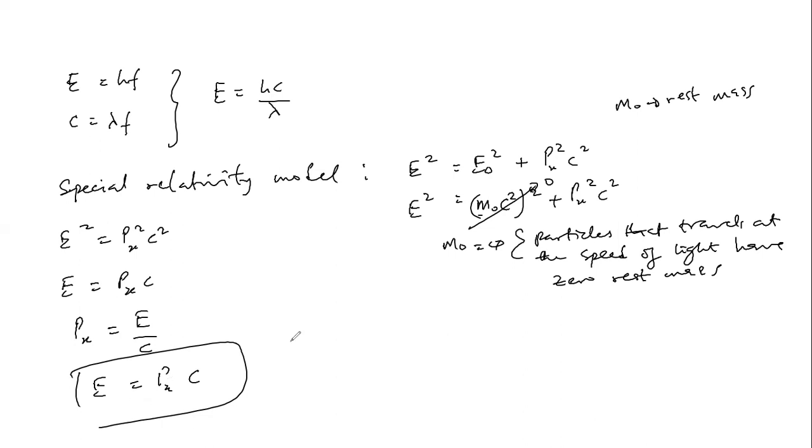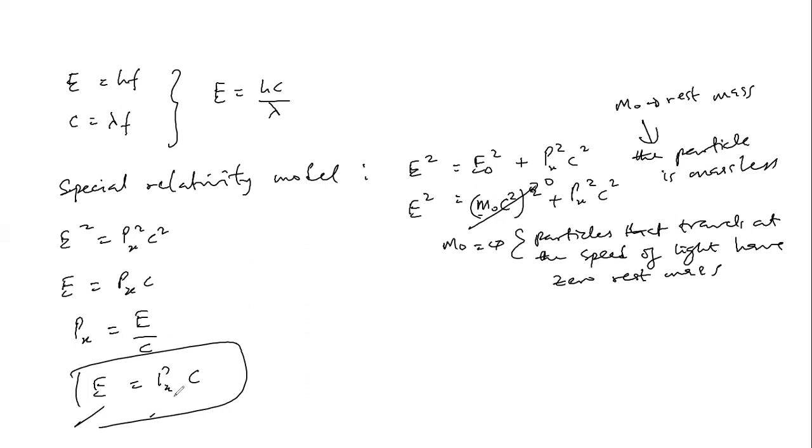Because photons are massless, the rest mass is equal to 0, so the particle is massless, and this expression tells us that a massless particle still has energy and momentum.